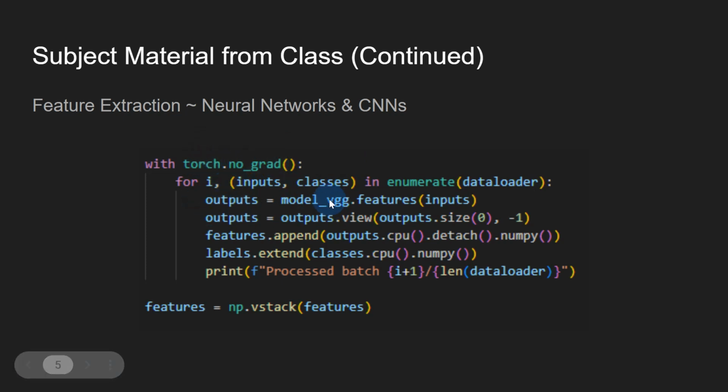And as for this for loop, I iterate over the data loader, which automates the batching of data from the data sets. Each iteration provides a batch of inputs, image tensors, and their corresponding class labels. As for this first output statement here, the batched image data inputs are passed through the VGG16 feature extraction layers.